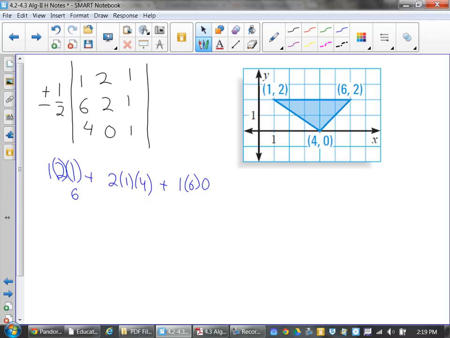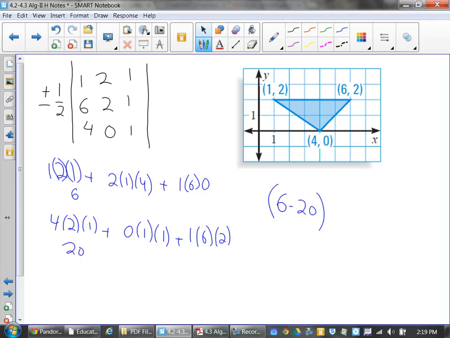My upward diagonals would be 4, 2, 1, 0, 1, 1, and 1, 6, 2. You guys okay without me drawing the lines in? Yeah. So we have 8 plus 12, which is 20. So my determinant will be 6 minus 20, and I can multiply that by a positive or negative 1/2.